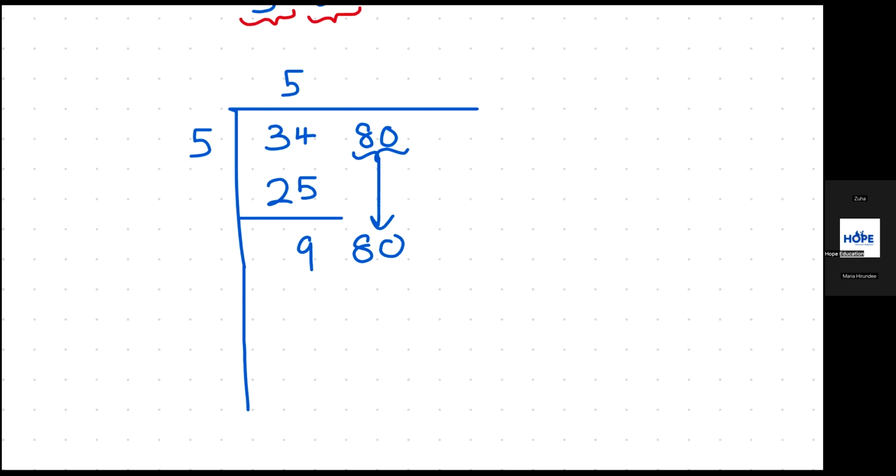Okay, so the next step, now that I brought 80 down, is this: who is here now? 5. There's 5 at the top. Only 5 is there. What is the double of 5? Not 25, double. 10.